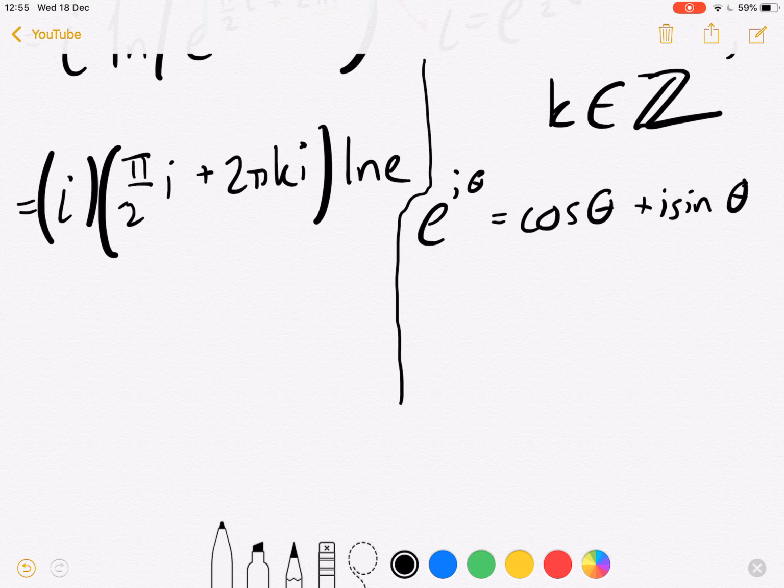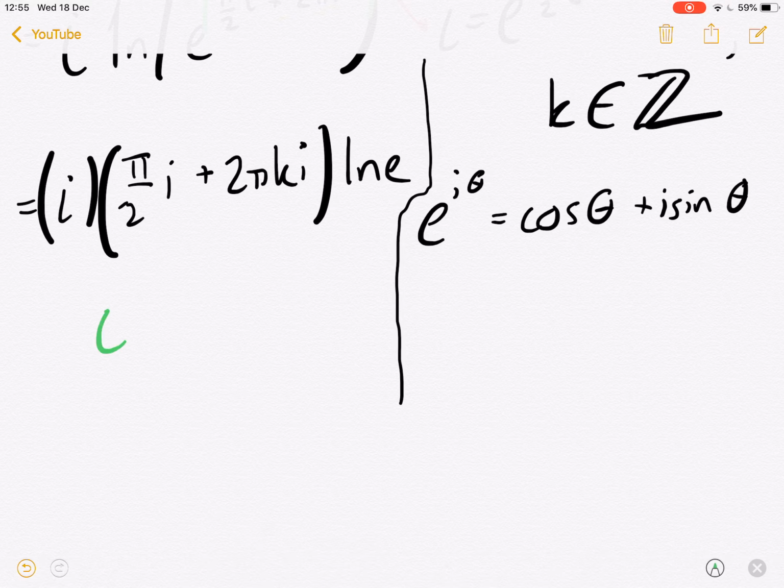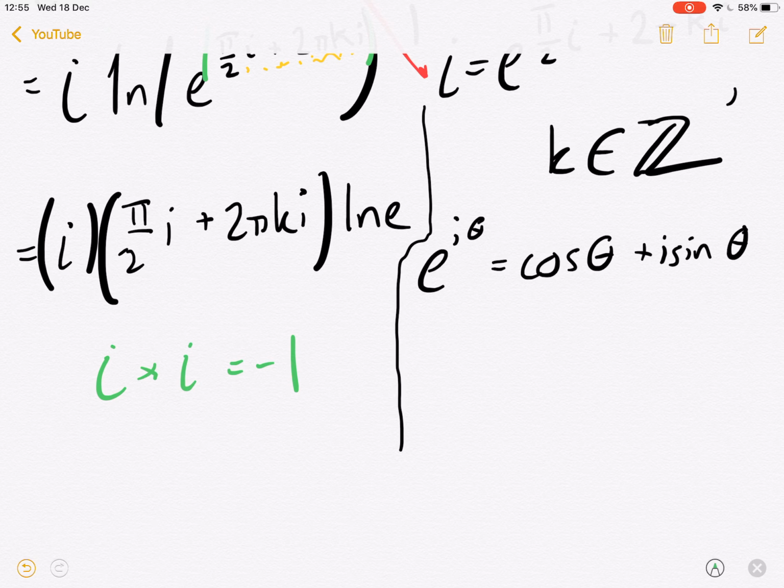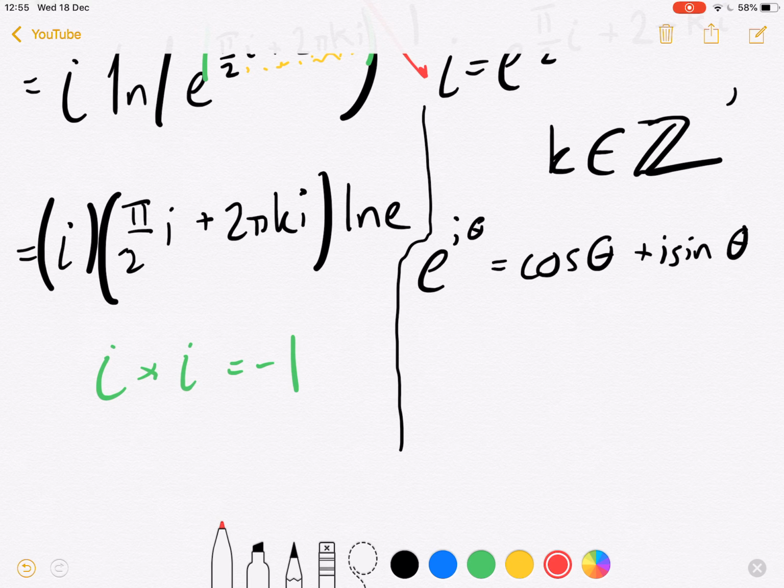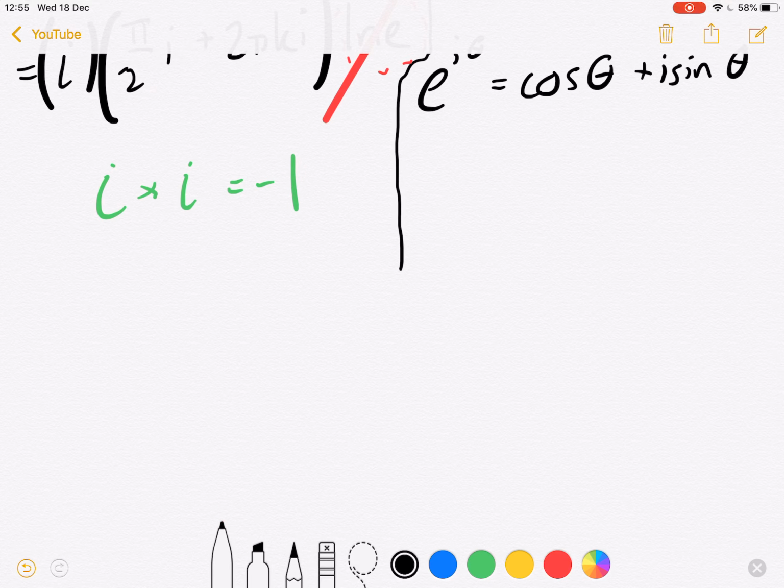So let's continue. As we know, i times i multiplied by i equals minus 1. So here all we have to do is expand the brackets, and it could also be noted that the natural logarithm of e over here is equivalent to 1. So we can just remove that. Okay, let's continue now.